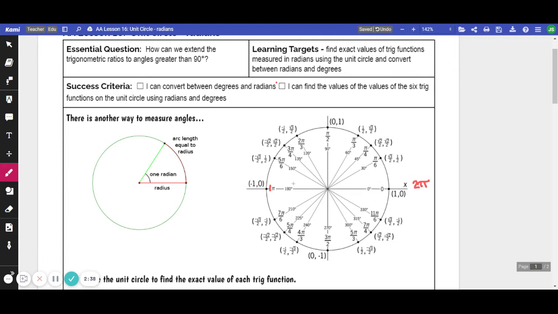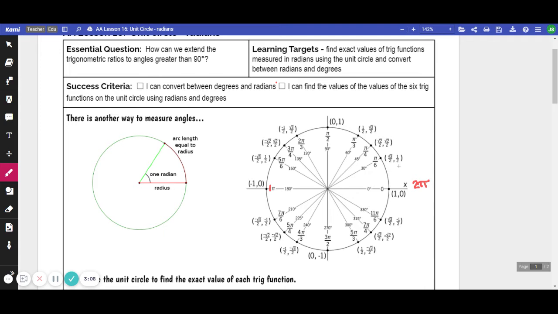It's a sixth of this semicircle. Pi over 4 means 1/4 of a pi, so I cut this semicircle into 4 pieces. There's 1, 2, 3, 4. So it's literally just a fraction, and then the pi. So this is 1/3 of a pi. I cut this semicircle into 3 pieces. There's 1, there's 2/3, and then 1 would be 3/3.